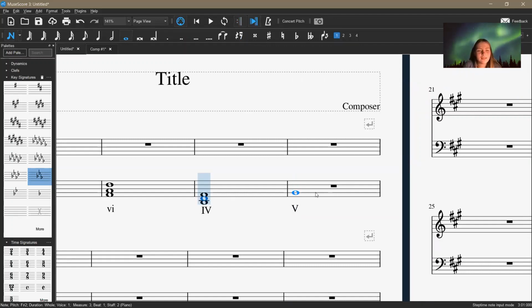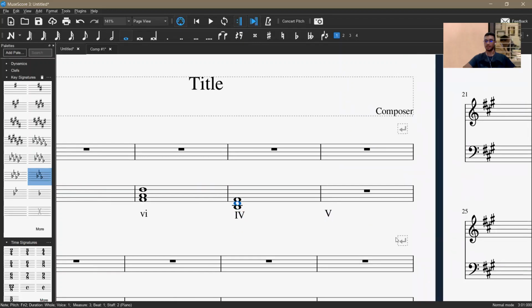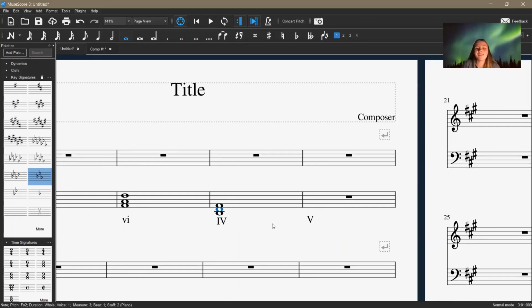Yes, the E. So the fifth is E, G, B. There's no E sharp. E sharp is just F. Oh, okay. But you're right, the first note comes on the first line.